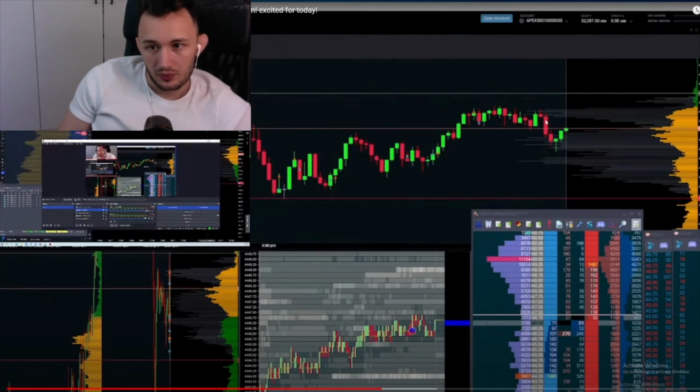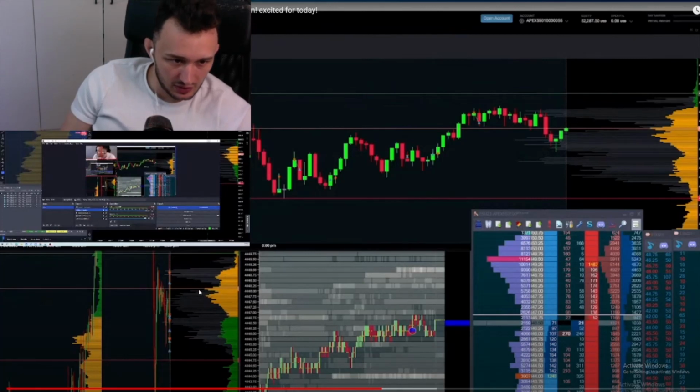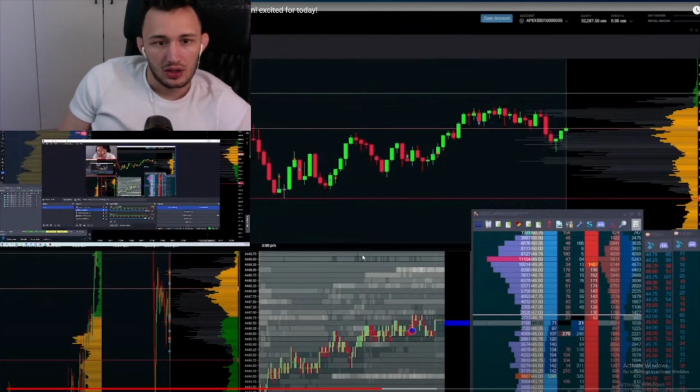Then we fell through it, and now we're coming back to the bottom of this previous range, which is also a point of confluence on all the time frames. We have a pretty high node on the weekly and monthly, then a low node on the daily. So a lot of confluence points here, and that's why I like this level in general.